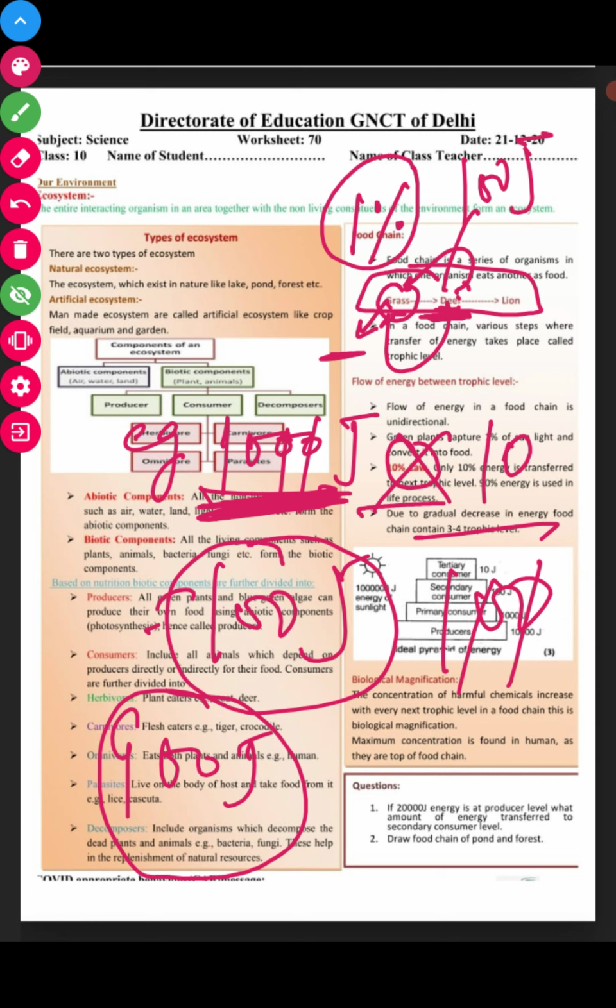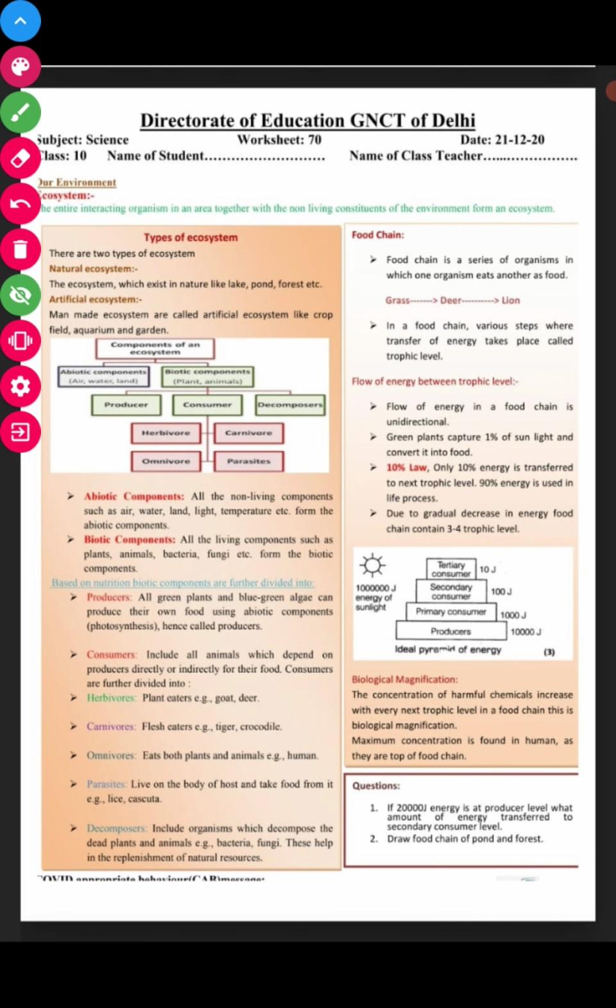Even reproduction, cell division, all the life processes take this remaining amount of energy to fulfill their requirement.